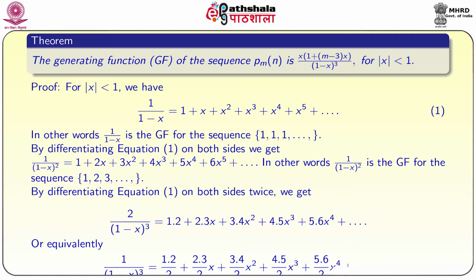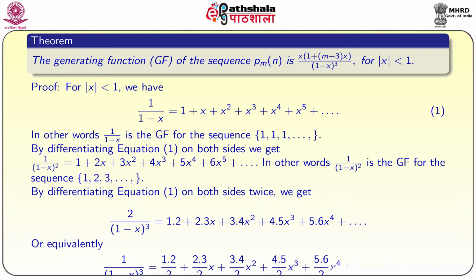Again, if we differentiate equation 1, that is 1 by 1 minus x equal to 1 plus x plus x square and so on, twice, then what we are going to get is 2 by 1 minus x whole cube equal to 1 into 2 plus 2 into 3 x plus 3 into 4 x square and so on. Equivalently, if I divide both sides by 2, then I will get 1 by 1 minus x whole cube equal to 1 into 2 by 2 plus 2 into 3 by 2 into x and so on.